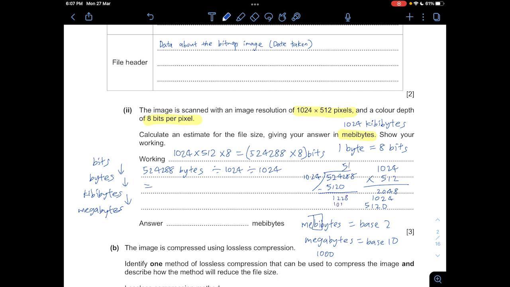This one is 1024. 2048, so this is 2, and then here we'll get 512 kilobytes divided by 1024, and then this is basically 1/2, because 512 divided by 1024, if you simplify it, it'll be 1/2, so you get 0.5 megabytes. So the final answer for this one is 0.5 megabytes.